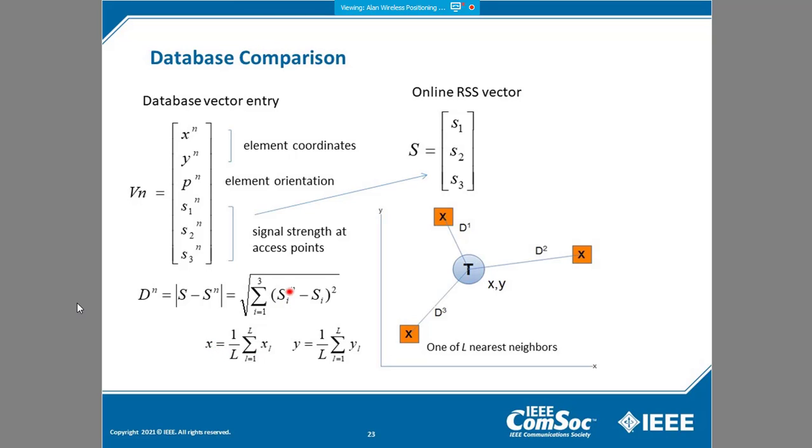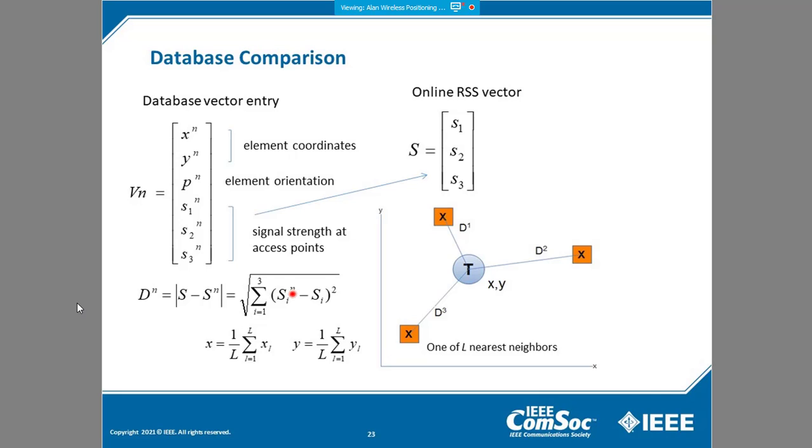Here, the signal strength S with a superscript is a signal strength in the database. For each point in the database, there are 3 different signal strengths. Here we see this summation symbol from 1 to 3. So this i would be from 1 to 3.